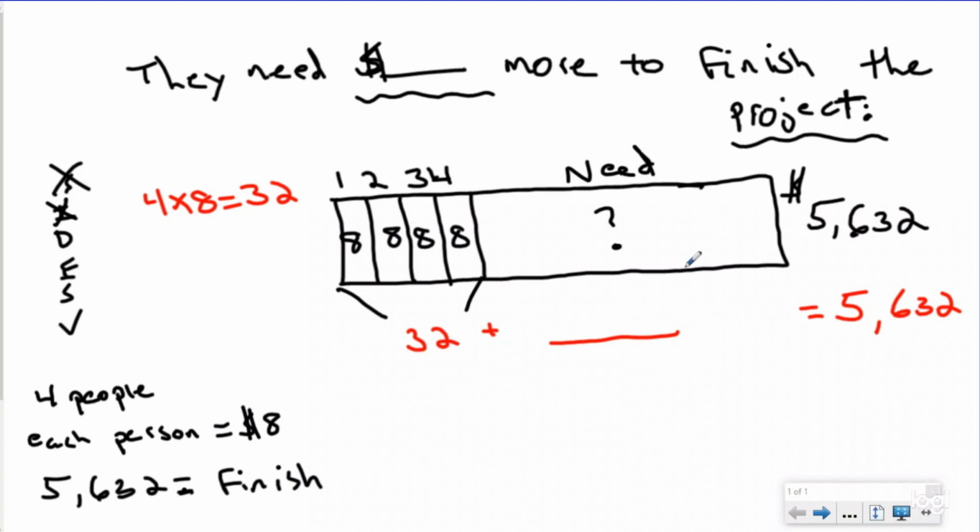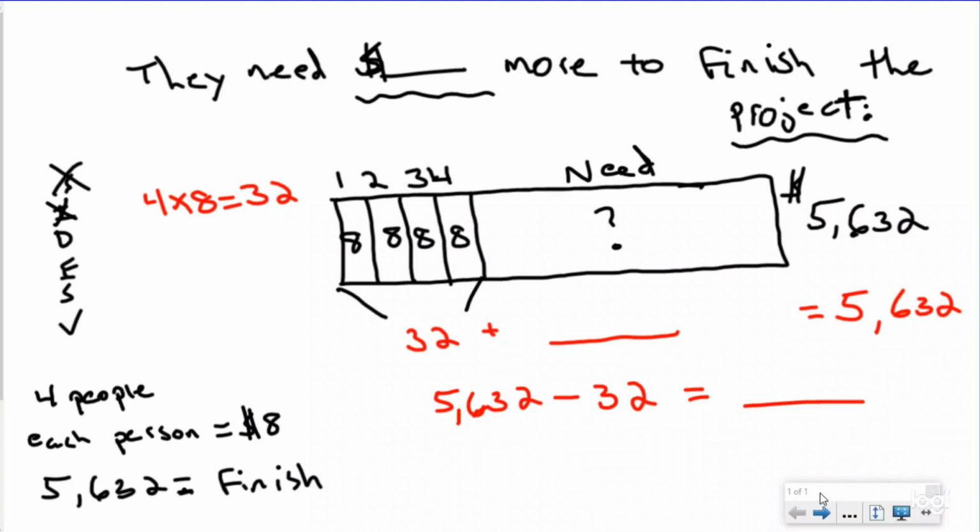Now, how do you solve for this missing number? If you're trying to add 32 plus something equals 5,632, you rewrite it using your fact family knowledge, your inverse operation. So to solve this question, I'm going to take what I need and subtract what I know I already have, and that's going to tell me how much more I need.